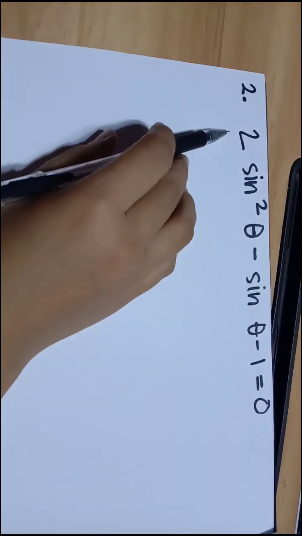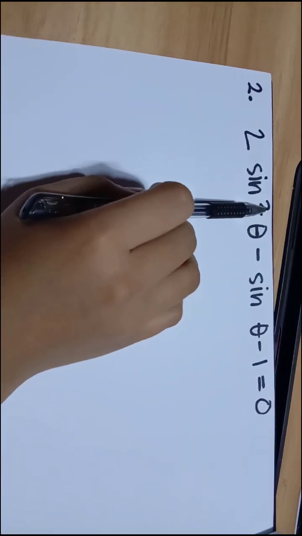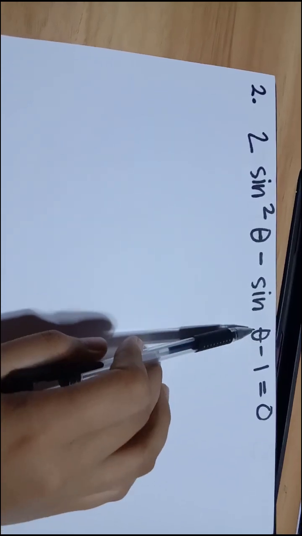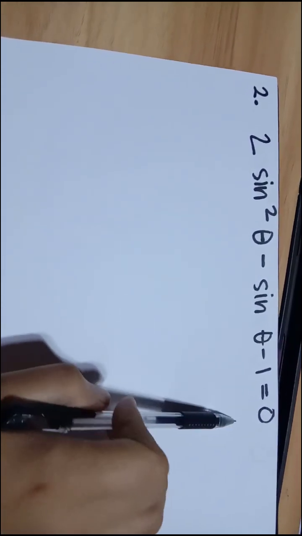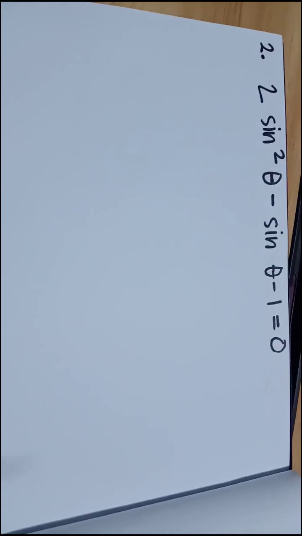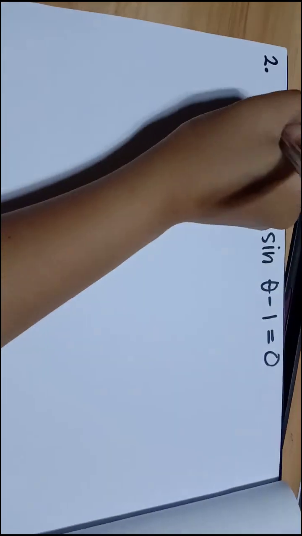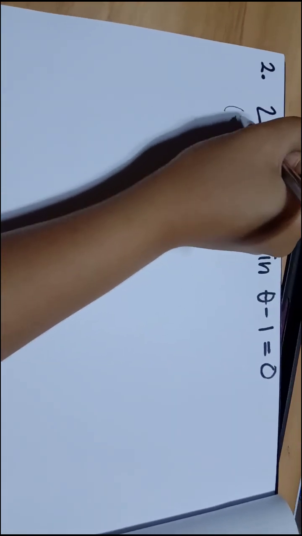2 sine squared theta minus sine theta minus 1 equals 0. In this case, we can factor it out since it is a quadratic equation.